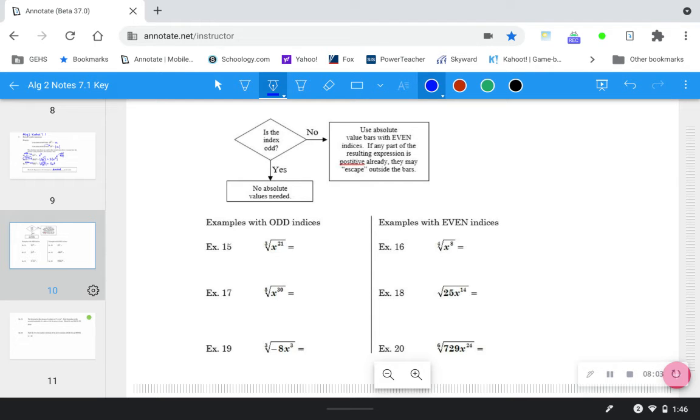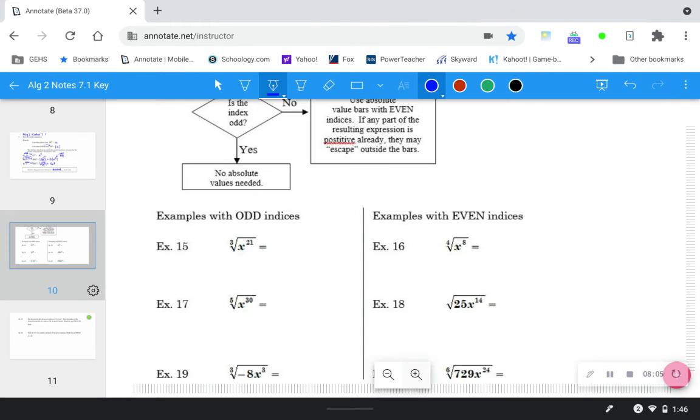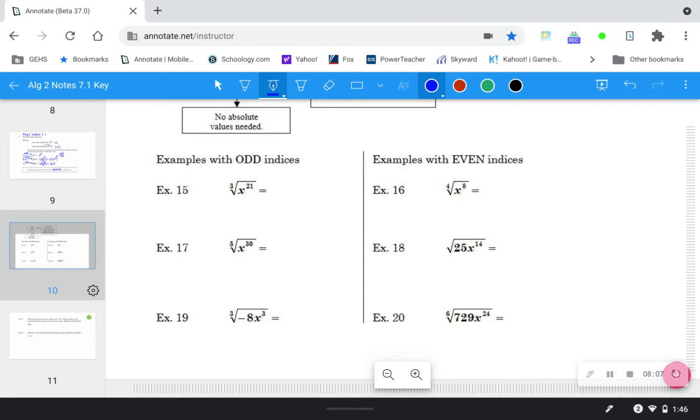I've scrolled down there, and let me zoom in a little bit. We have 3 cases over here where we have an odd index. That means we don't need bars on any of them. So x to the 21st power, cube root, would be x to the 7th, and the 7 is simply 21 divided by 3.